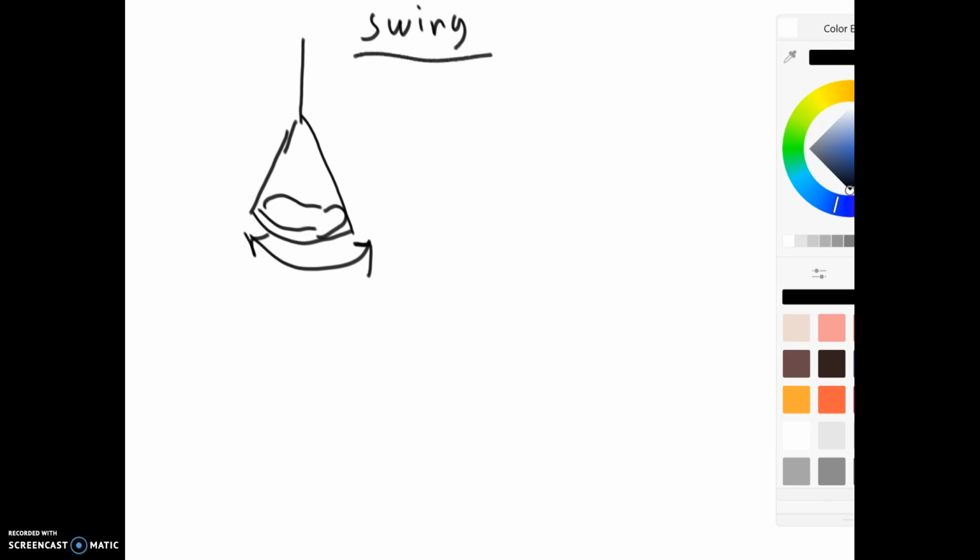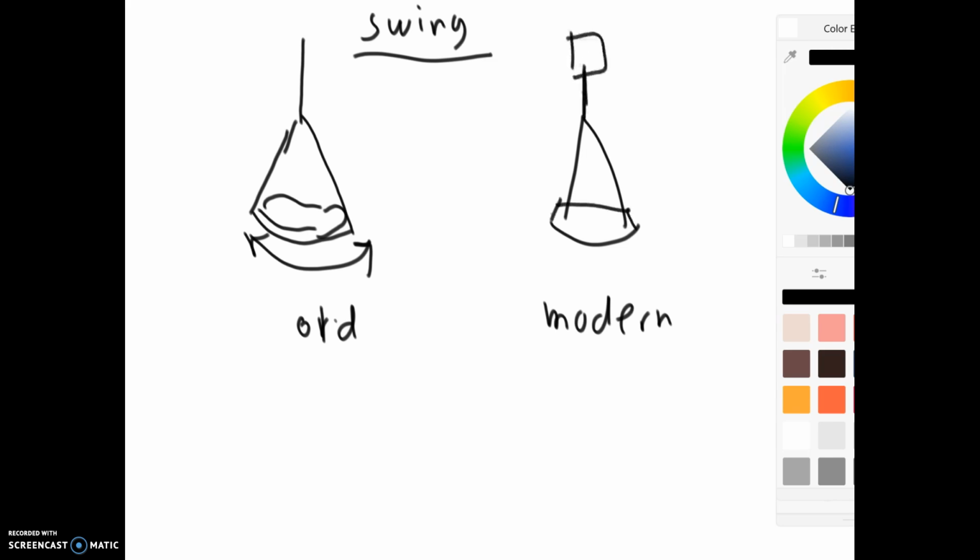This is the original one. For the modern swing, we're still using the same swing, but the system is quite different because we have the motion of a spring. The motion of the swing is up and down. We use an electric source here. So those are two examples of simple harmonic motion.